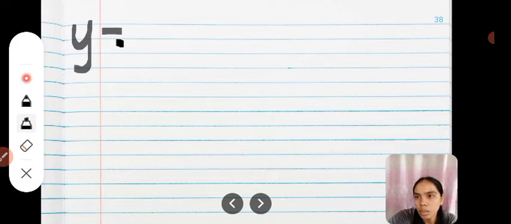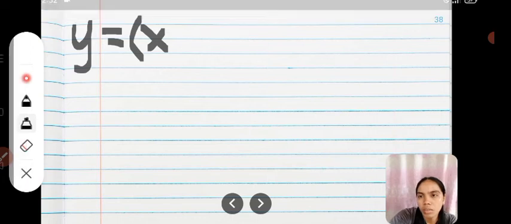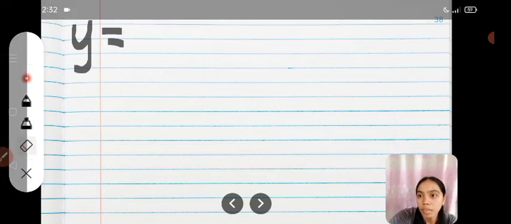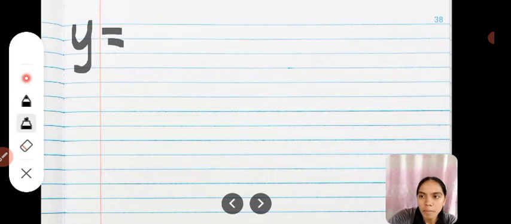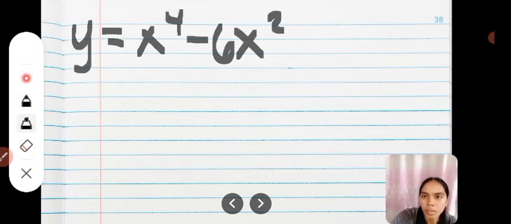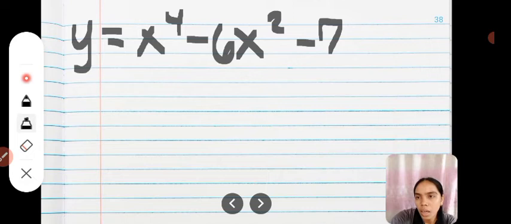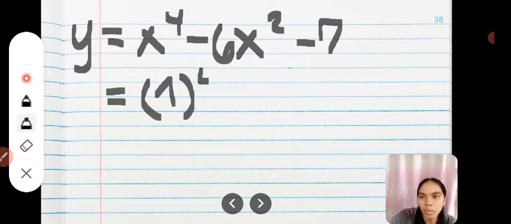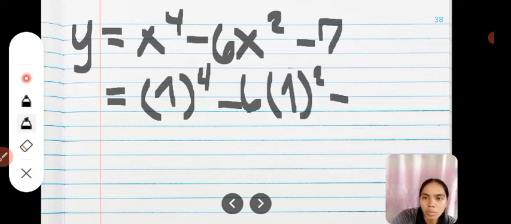Since our original equation is x to the power of 4 minus 6x squared minus 7, by substituting the value of x, which is positive 1, it will become 1 to the power of 4 minus 6 times 1 to the power of 2 minus 7.